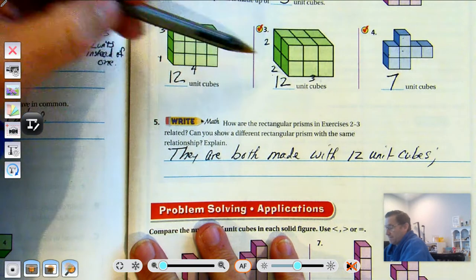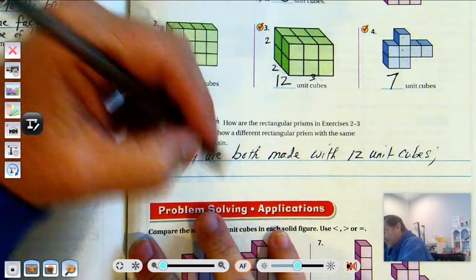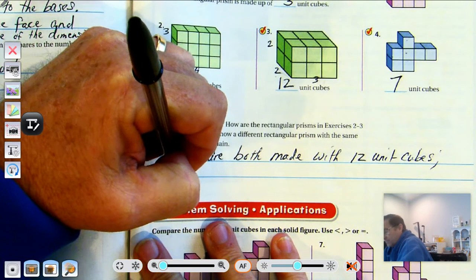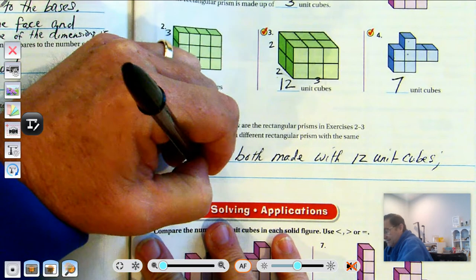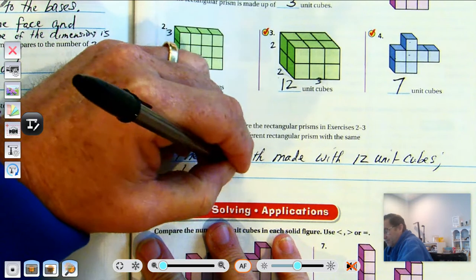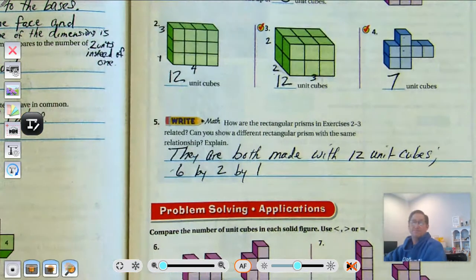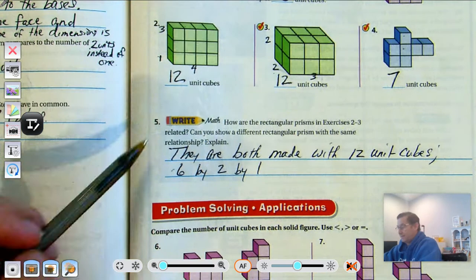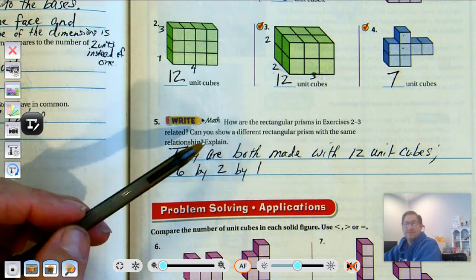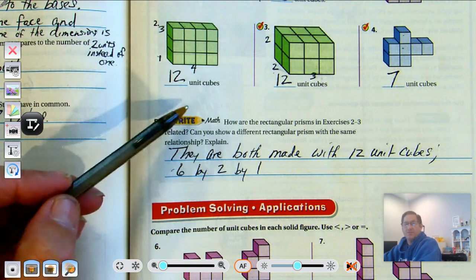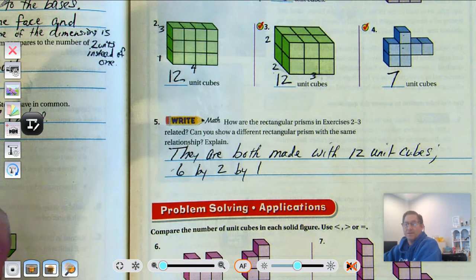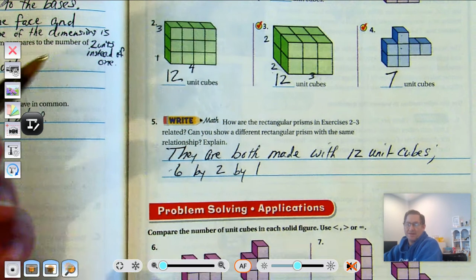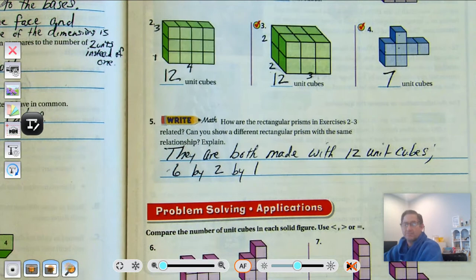We have a base of 6. I could do, let's say, 6 by 2 by 1. That would be different. So we'd have a length of 6, a width of 2, and a height of 1. So basically, I'm saying we have like 2 rows of 6.